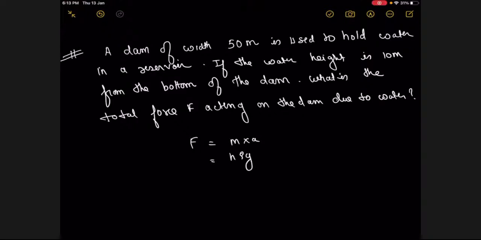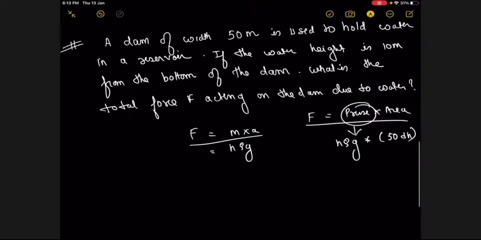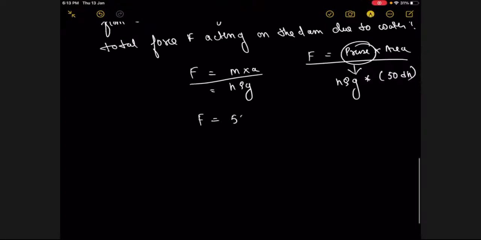Here we will use force equals pressure into area. So we have two formulas for force. Here static pressure is h rho g, into area 50 into dh, as the height is changing. So F is equal to 50 rho g, and the height is changing from 0 to 10, h dh.